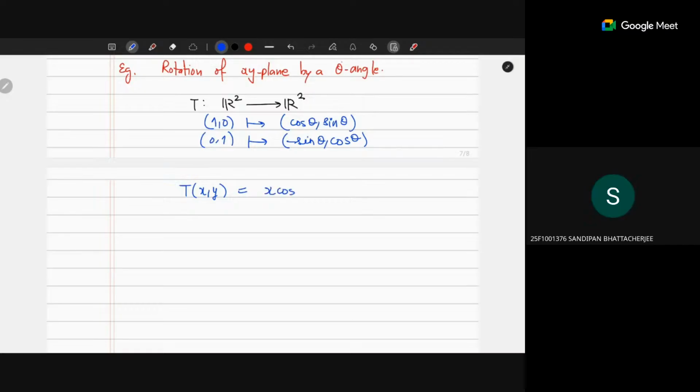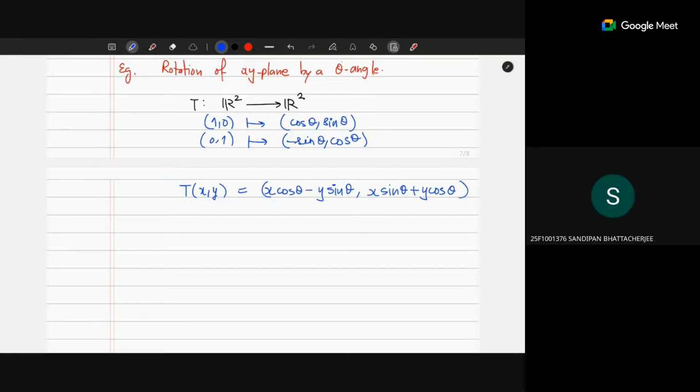What will that give you? That will give me the matrix cos theta, minus sin theta; sin theta, cos theta, applied to (x, y). Is this the correct one? Yes, good. So this is the transformation.